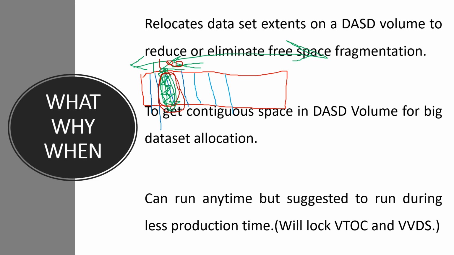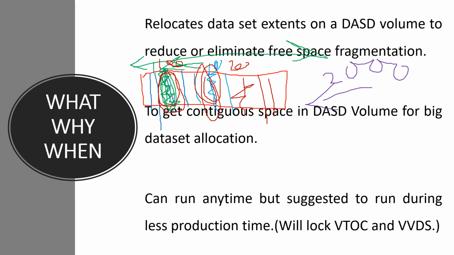Again, suppose you have deleted this file, which is 1000 tracks, so this 1000 tracks will be empty. Suppose all the space has been used, this is deleted, again some 200 tracks are used, and now you are creating a new data set in this volume, which is 2000 tracks.